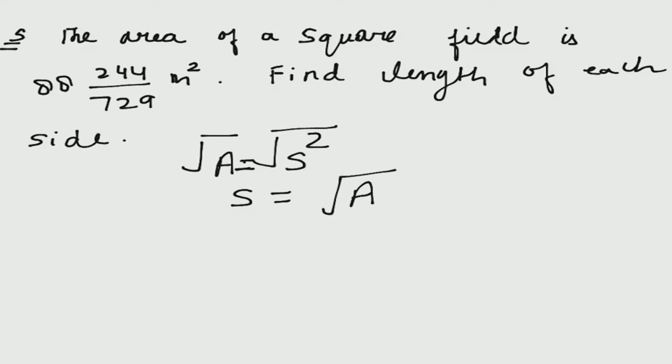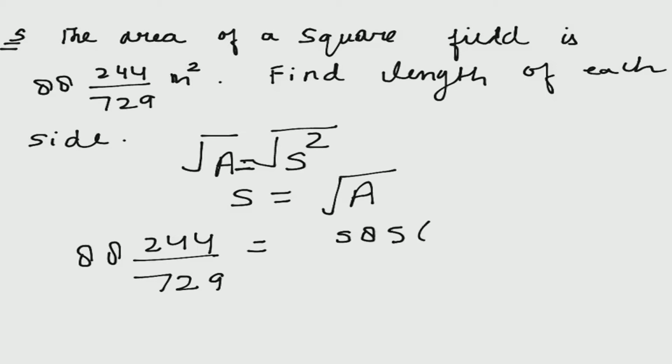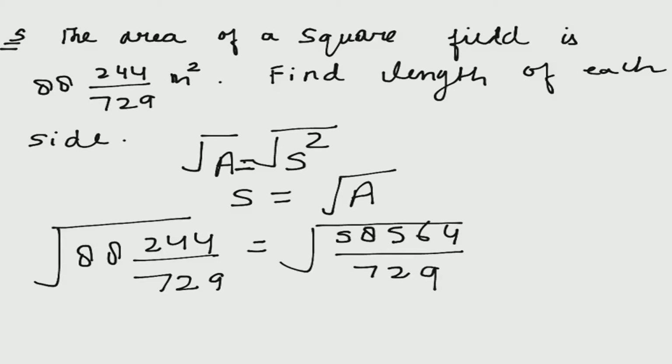Here it is given as a mixed fraction, so the first step is to change it into an improper fraction. 88 whole 244 by 729 gives us 58564 divided by 729. Now we can use any method to find the square root.